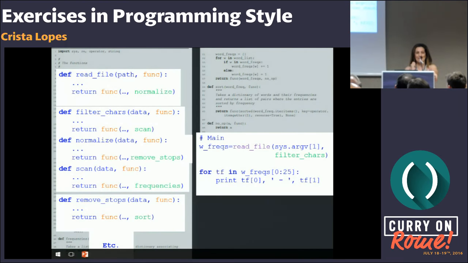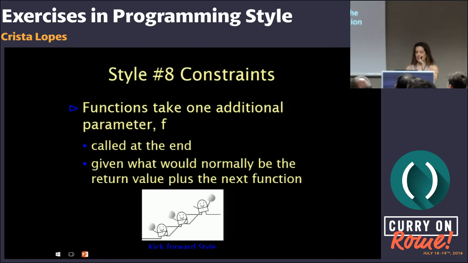It's a style of writing programs, a style of organizing your code, and they had the right word many years ago. I don't need to explain this because half of you already know, so let me move on. I'm time limited here. Basically, all these functions take an additional parameter that is called at the end.